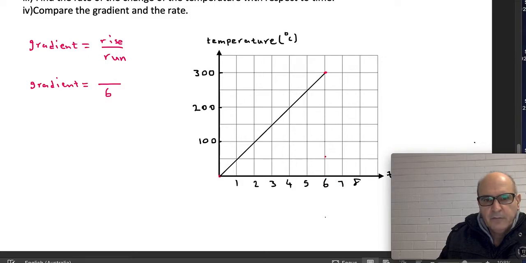And how much up we go, that's the rise, which is 300. 300 divided by 6, remember a fraction is dividing, is 50. So the gradient of that is 50. That is part 2, we find the gradient of this line.